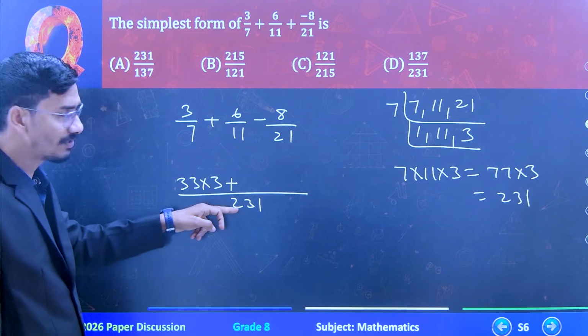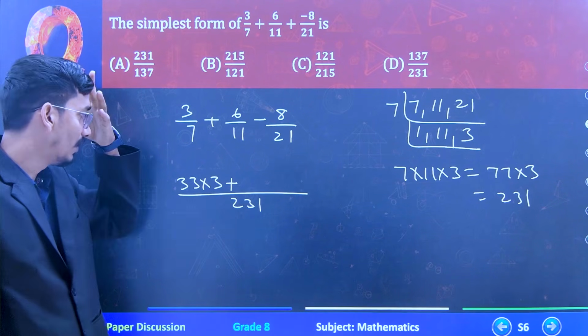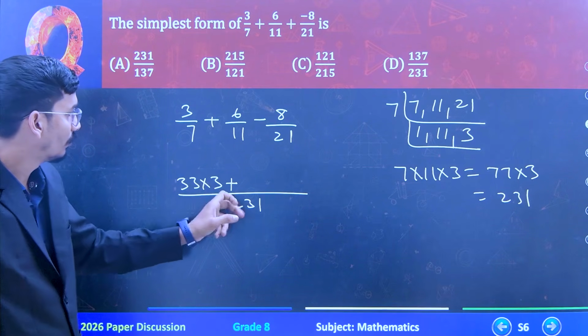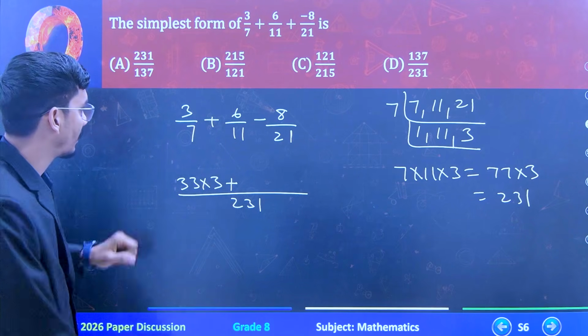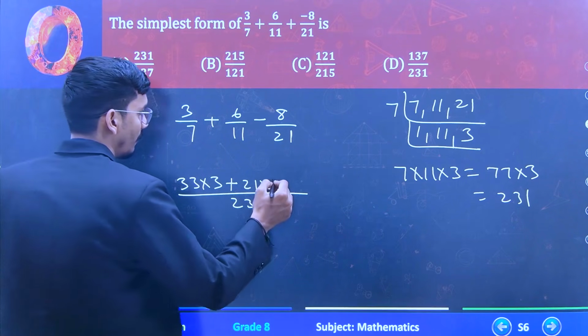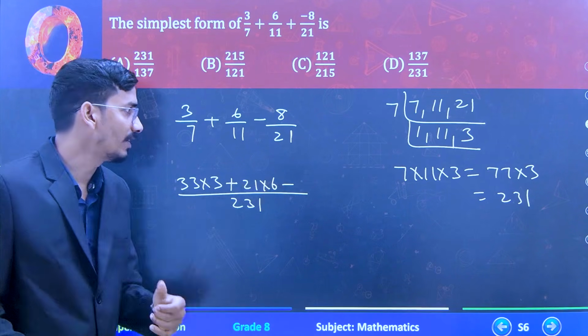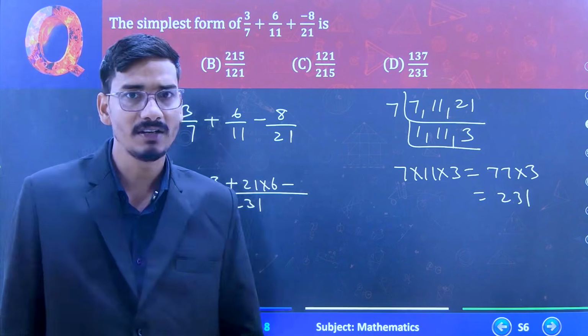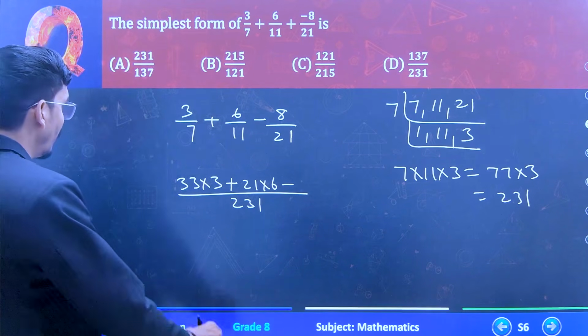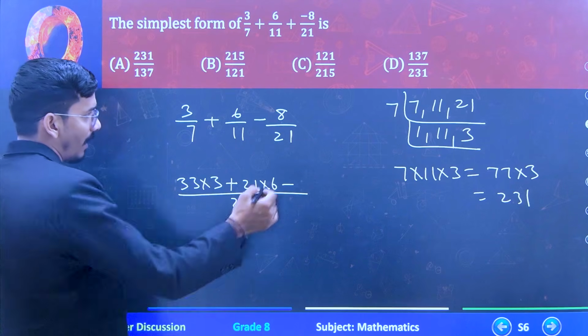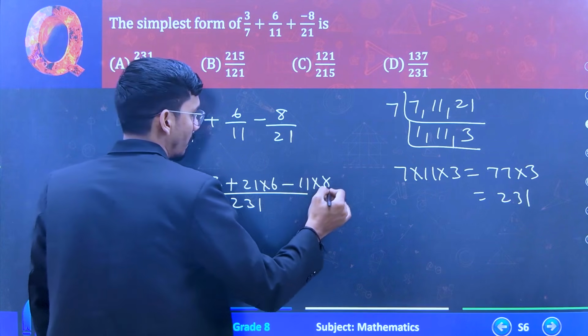Now again divide 231 by 11, we get 21. So 21 into 6, minus 231 divided by 21. 231 divided by 21, we can check, is 11. 11 into 8.